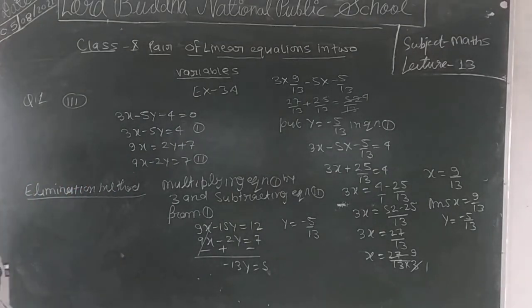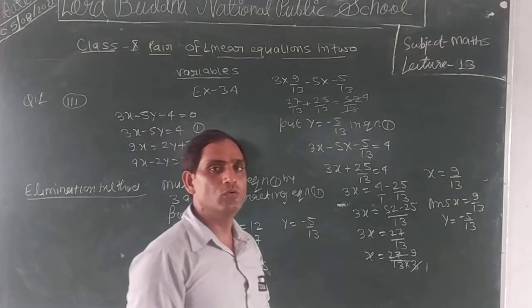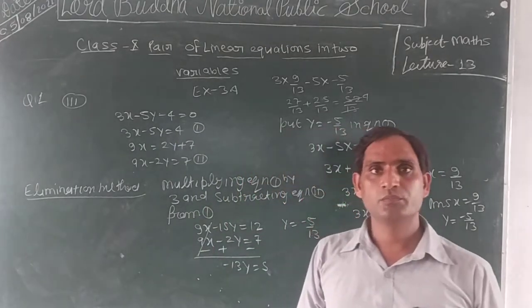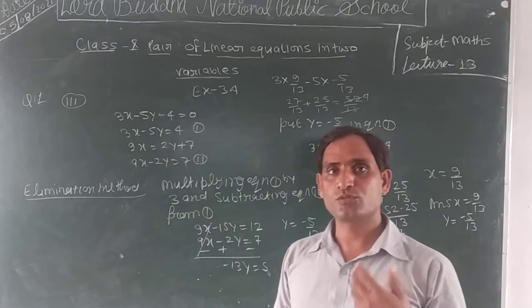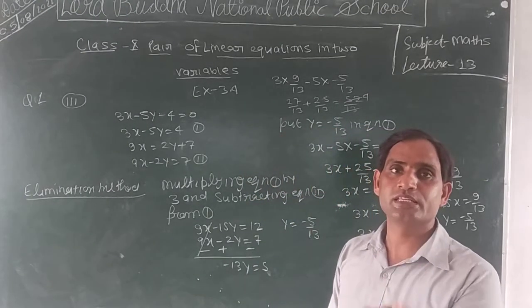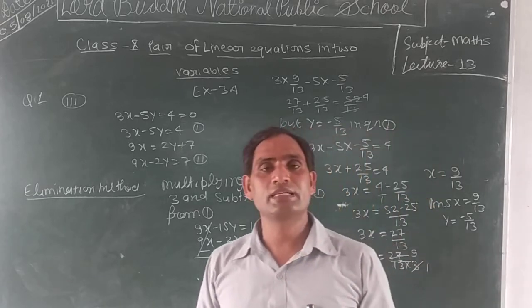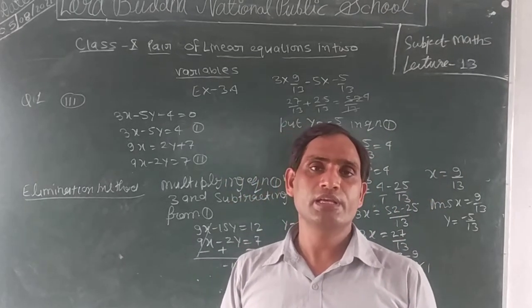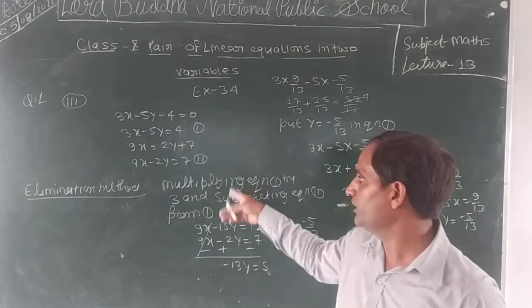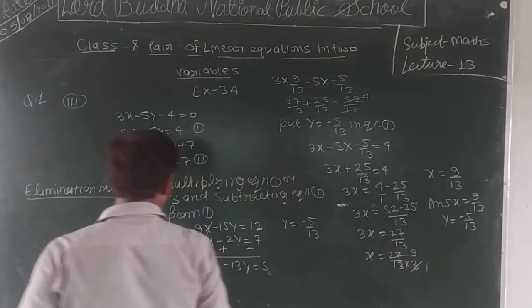Once again, we have to find out the values of x and y of the paired linear equations by the elimination method and substitution method. First of all, we apply the elimination method. In the elimination method, as we know, we eliminate any one of the unknown variables x or y. So we select to eliminate the variable x.